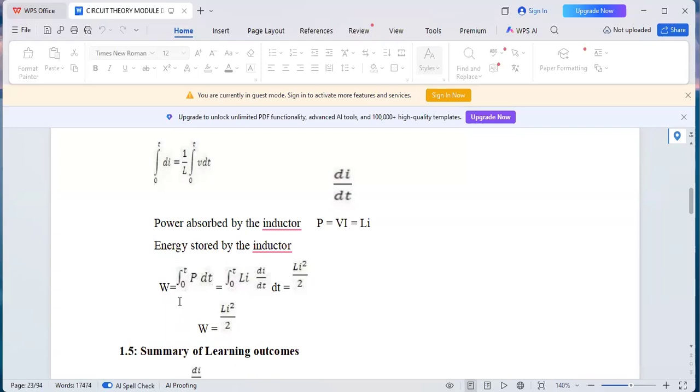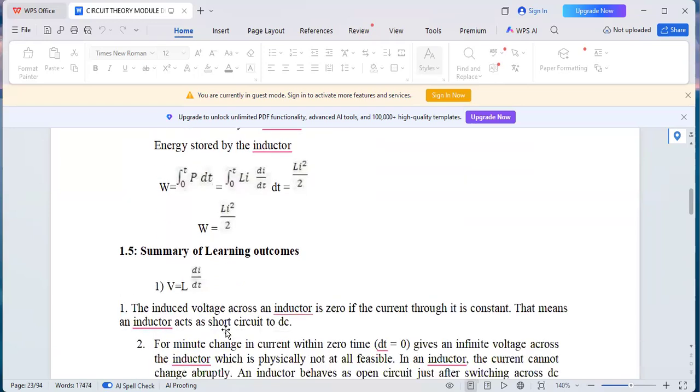So in a nutshell, the energy absorbed by the inductor is equal to L i squared divided by 2. So in summary, we have V equal to L di/dt.